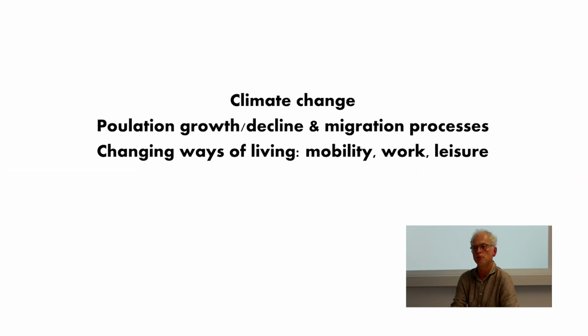And I think that's very important, because if you look at the huge issues we have to face in relation to climate change, but also migration processes, how our way of living changes, and especially the interaction between those, then it is quite difficult to see landscape as a sort of idealized one state.